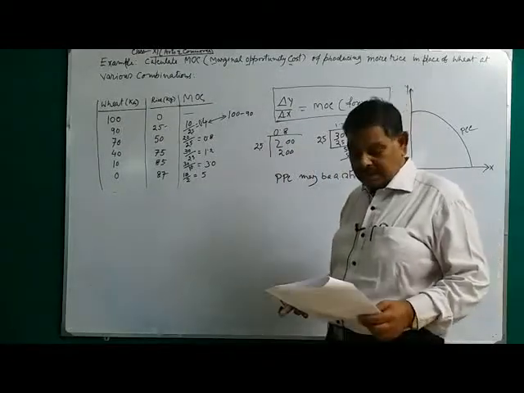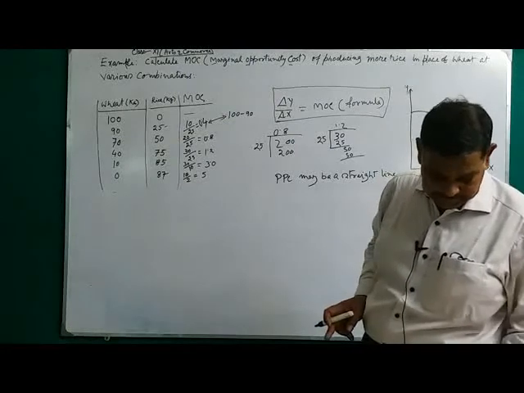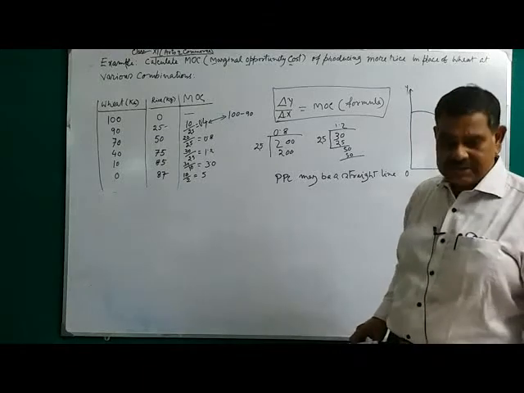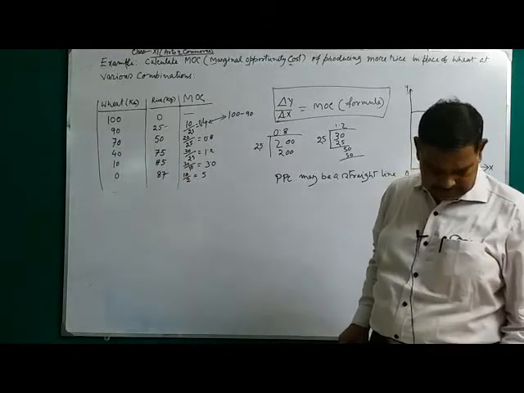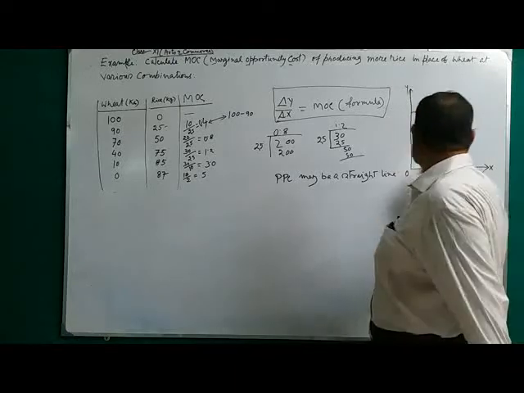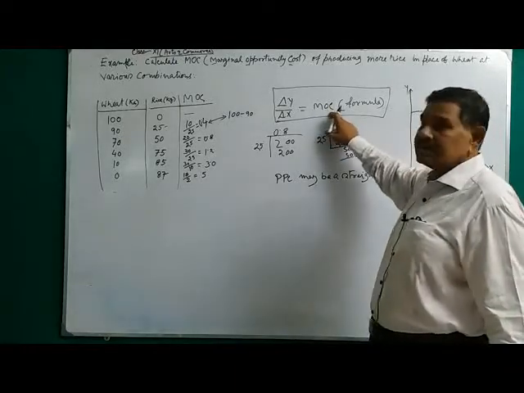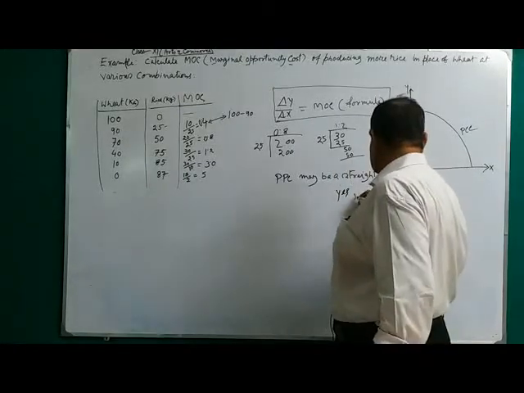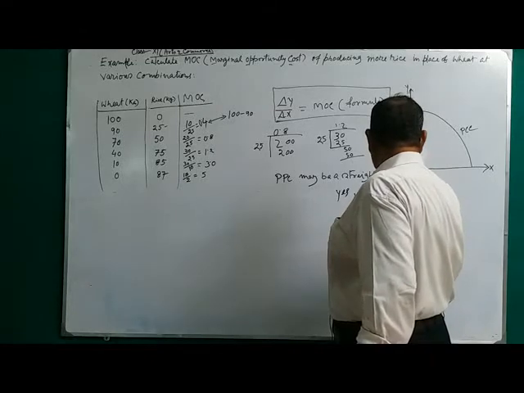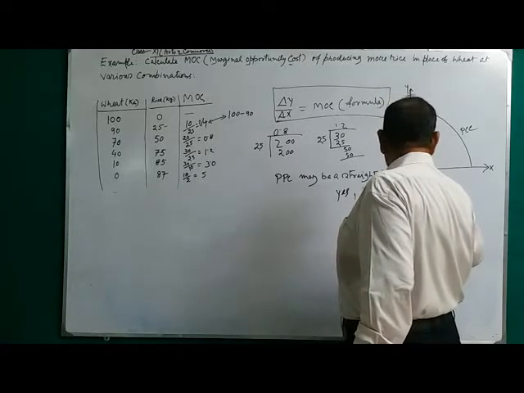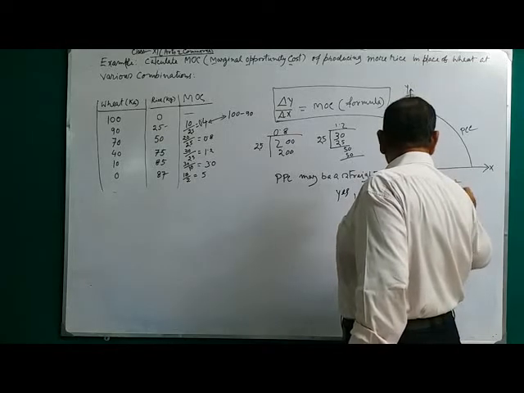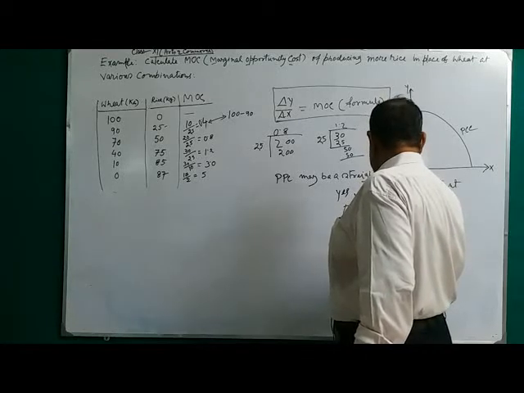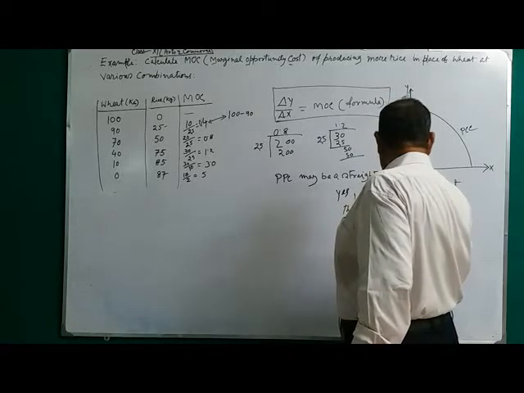If both are equal, the changes are equal. That is, MOC is constant. If MOC is constant, the PPC curve will be a straight line.